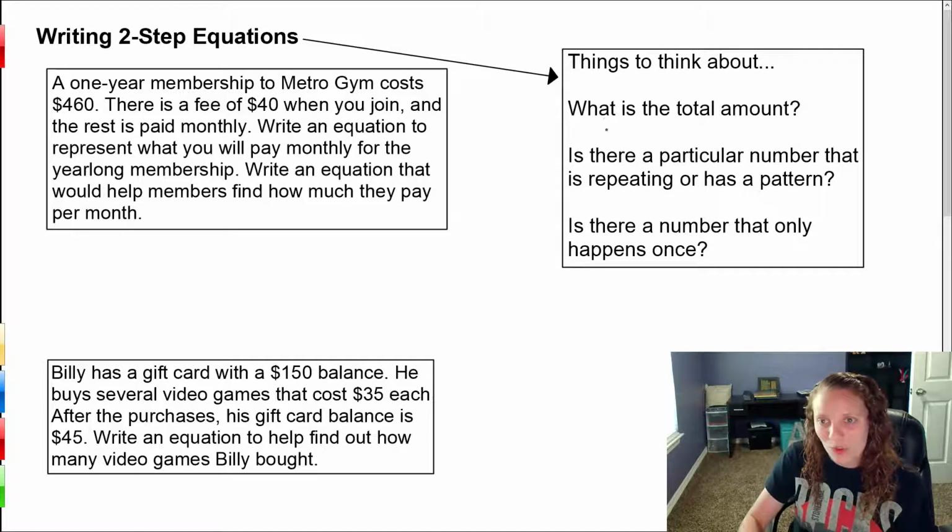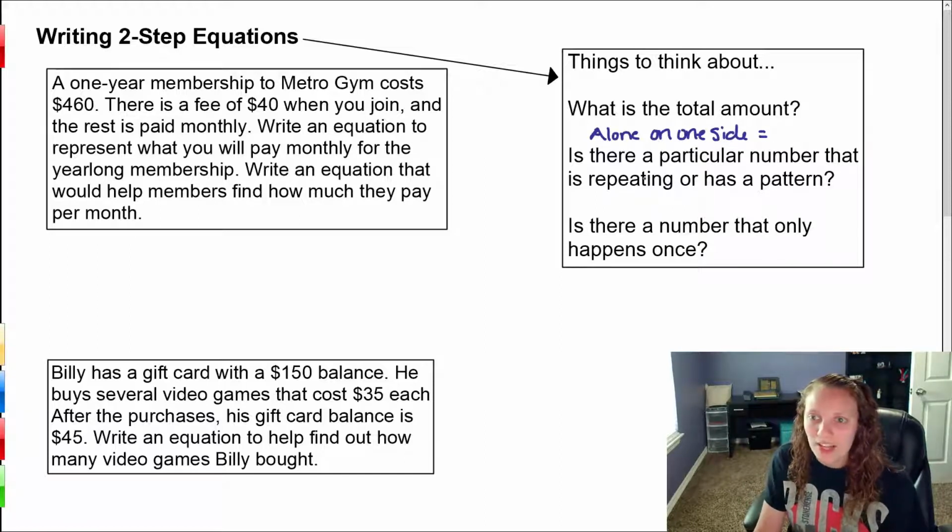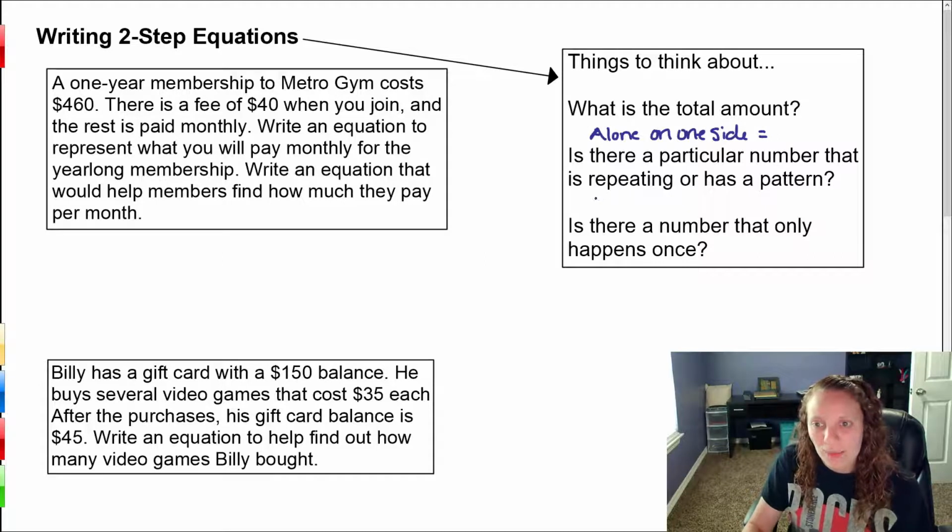For the total amount, it's going to go by itself on one side of the equal sign. So it's going to be alone on one side of the equal sign. The number that has a pattern, that number is going to have a variable with it.